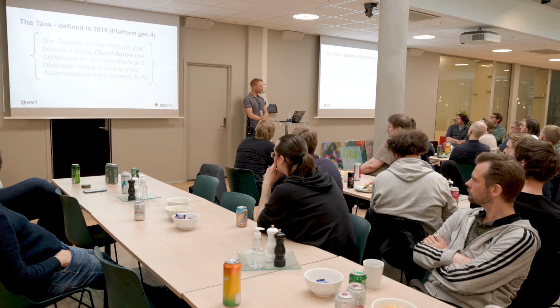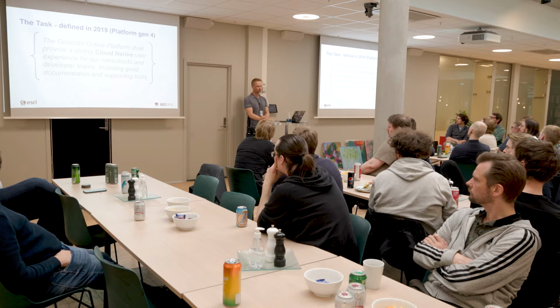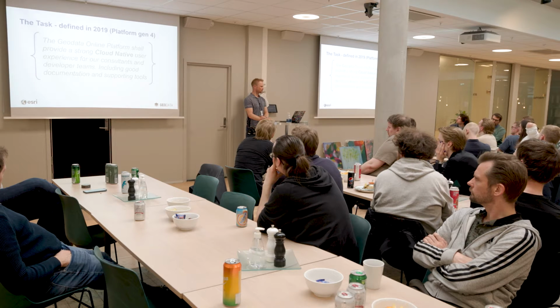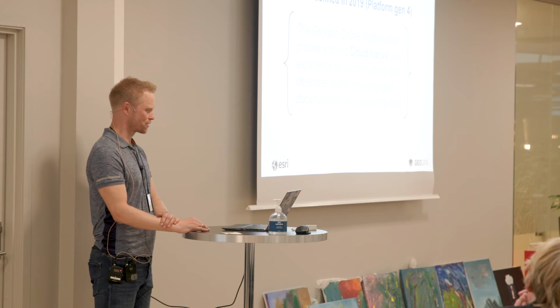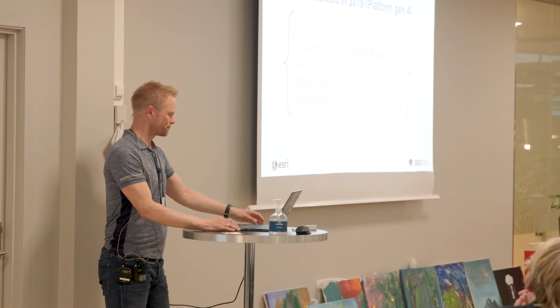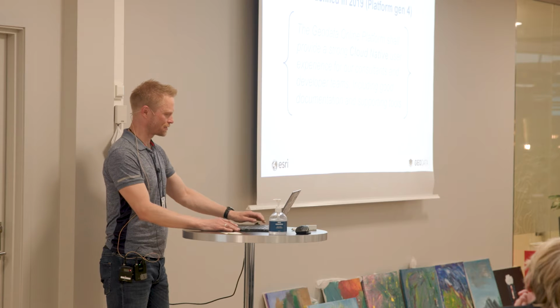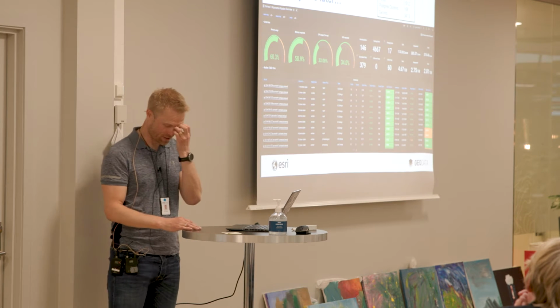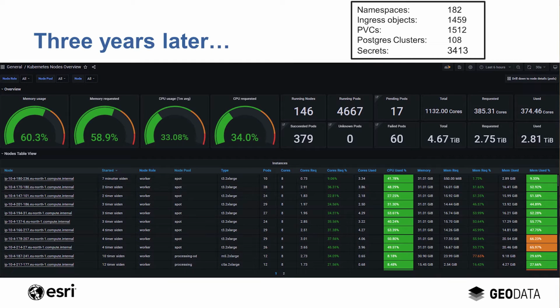Up until this time, we had been using many of the AWS core services, the platform services. And it was kind of hard to extend that to the whole company when it comes to authorization, access control, and all these things. So cloud native, we started that project. And this is 3 years later. This is a snapshot from one of the production clusters a few weeks back.